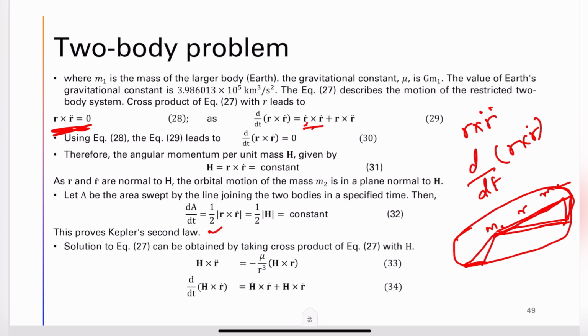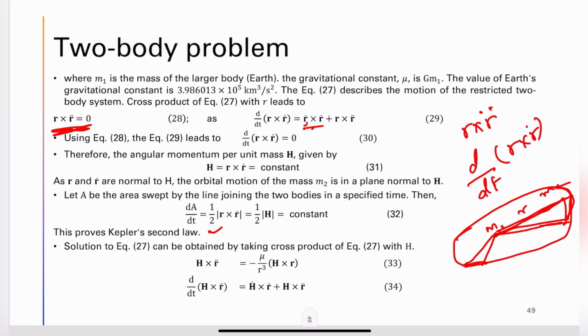First we are taking the cross product of equation 27 with h, where h is the angular momentum, and angular momentum is constant according to the law of conservation of momentum. So h cross r double dot is equal to minus mu divided by r cube into h cross r. These are just mathematical manipulations.